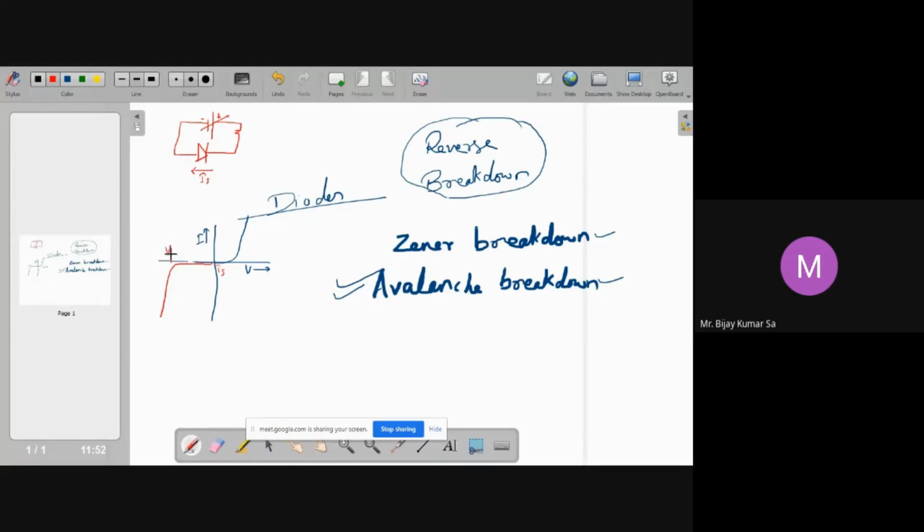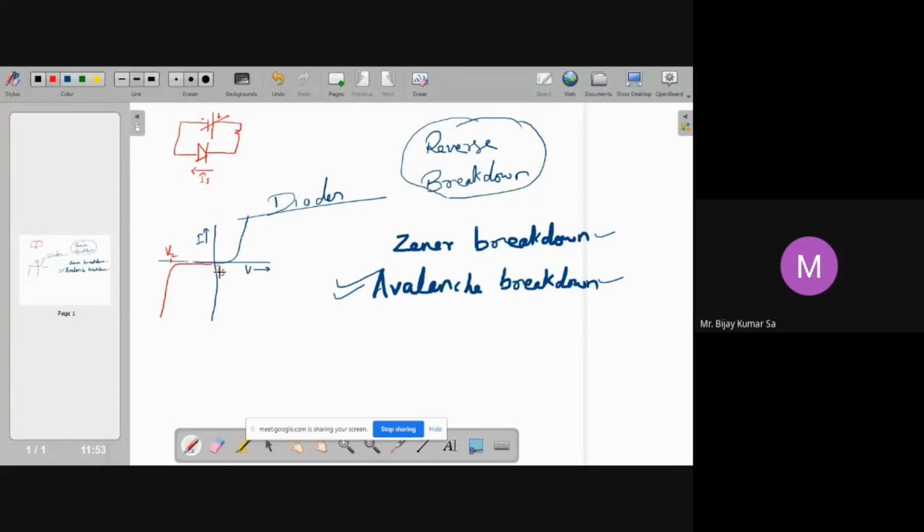Breakdown voltage is that voltage beyond which, if you increase the reverse bias, a point will come when this is at a higher potential than this by Vz, and then the reverse current is no more IS.